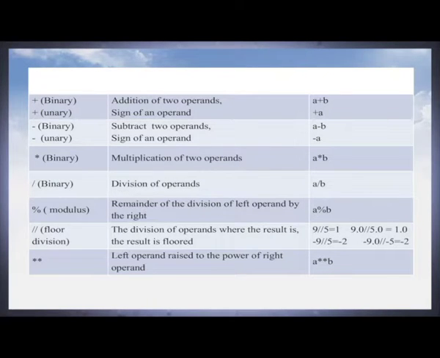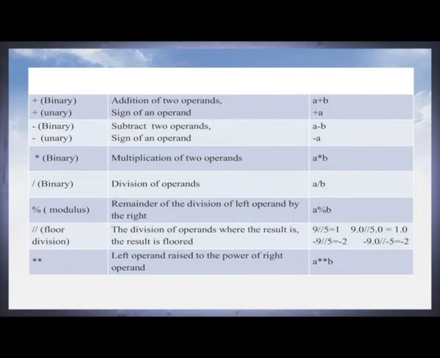So, plus is used for adding two operands, minus for subtracting two operands, star for multiplication, slash for division, and percentage, which is also called the modulus operator, is used to find the remainder of division of the left operand by the right operand.